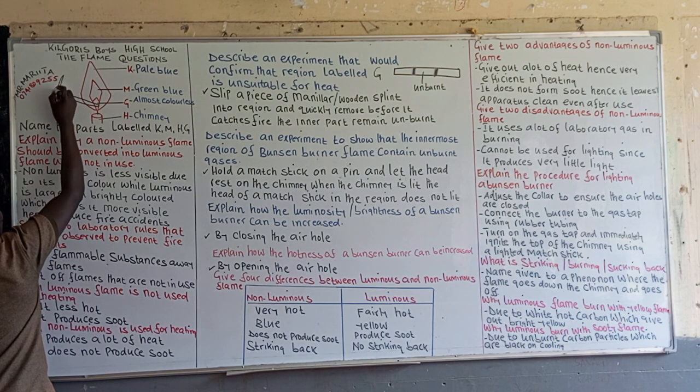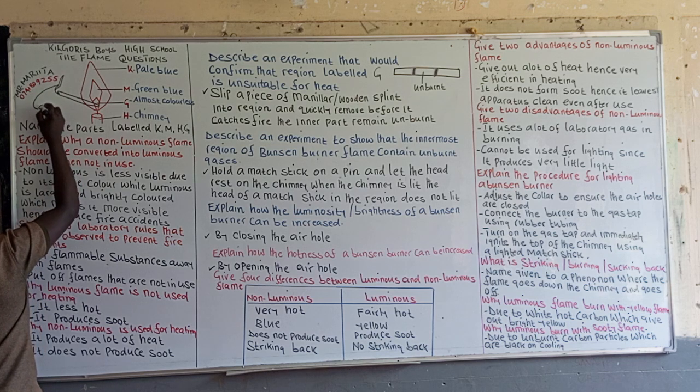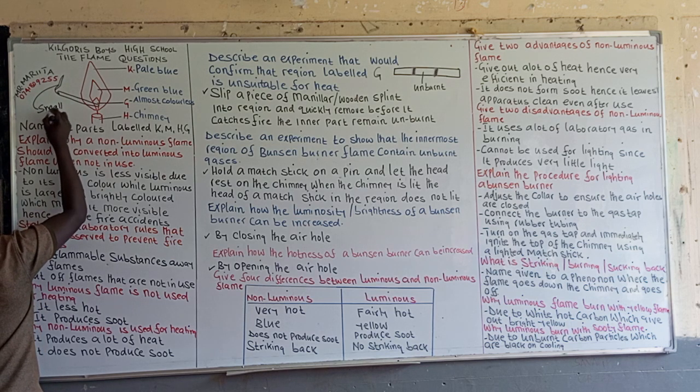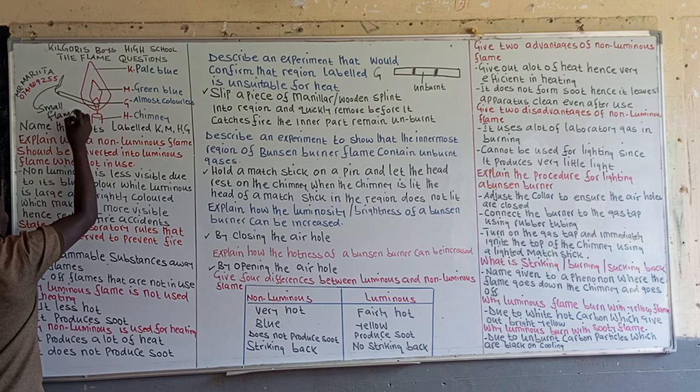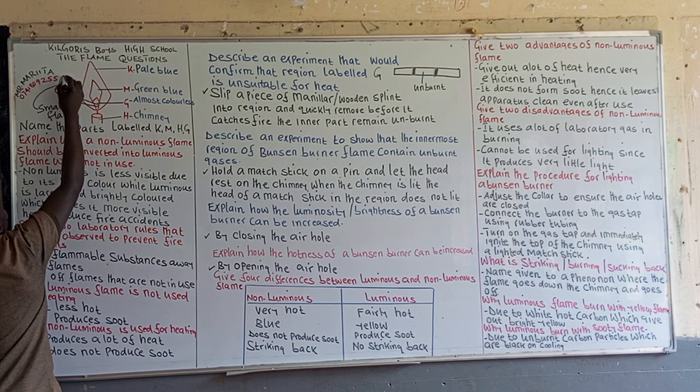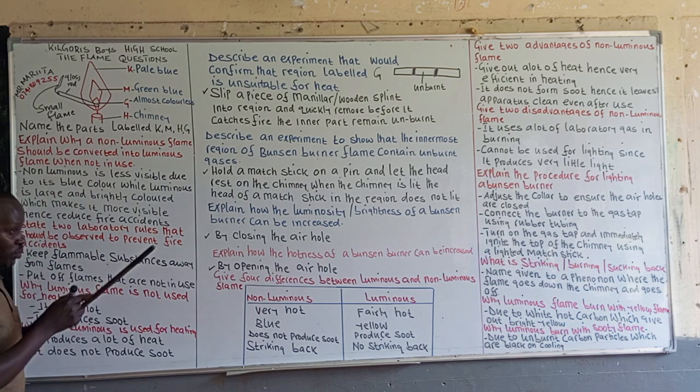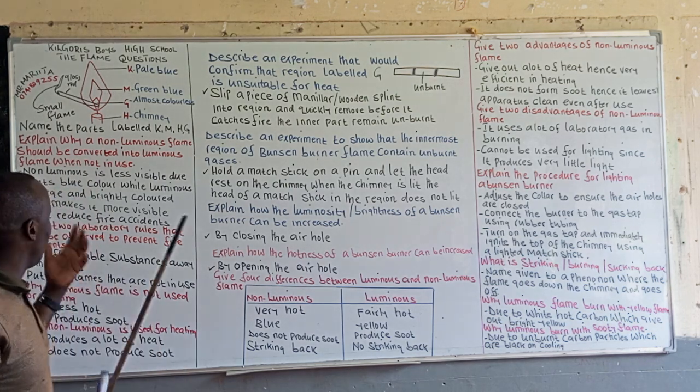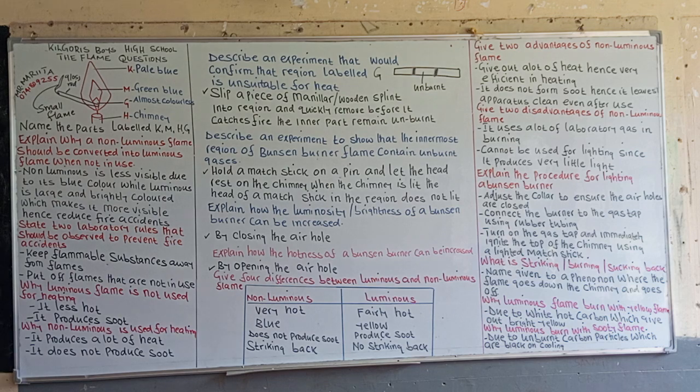So in this case you will have a small flame. That is when you are using a glass rod tube. So you can describe that experiment either using a glass rod tube or just a matchstick.